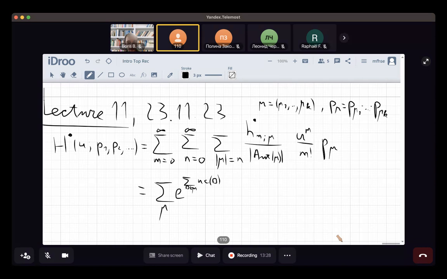If we have some box with coordinates ij, then c of this box is j minus i.